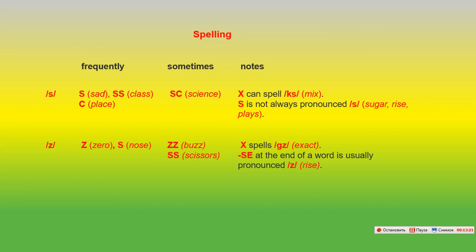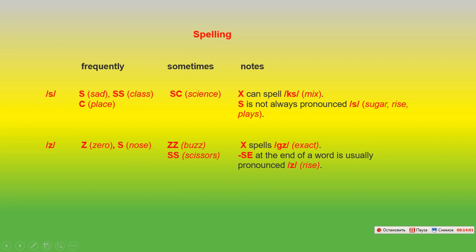Now spelling. Frequently, sometimes, and notes. When do we use S? We use S as in set, double S, class, C, place, Z, zero, S, nose. Sometimes signs, the combination of letters S and C, double Z gives us Z, buzz, double S gives us scissors.